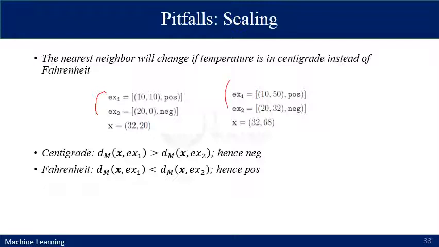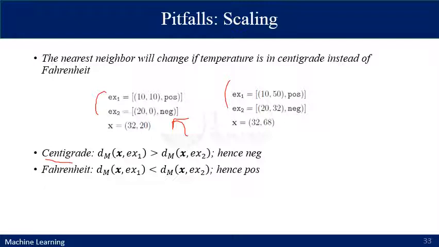So as you can see, if we employed the centigrade mechanism, we can see the example 1 is greater than the example 2. The distance between the example is closer to the example 2. Therefore, the example should be labeled as negative.